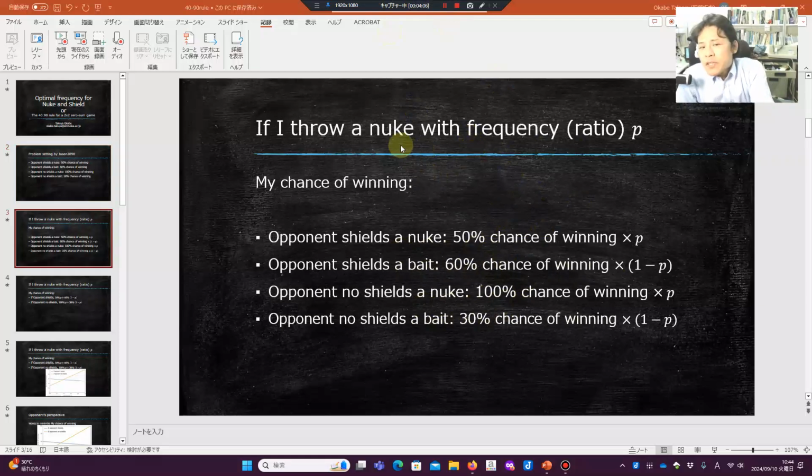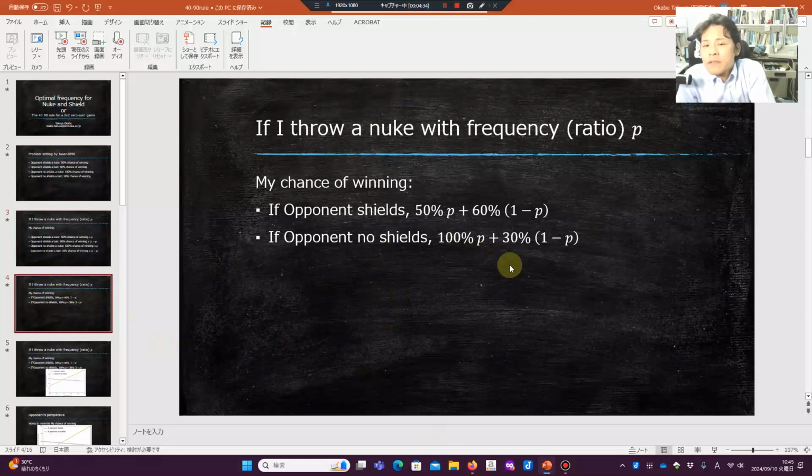Now let's assume the probability or frequency that I throw a nuke move is p. We want to obtain the optimal value for this frequency, and then my chance of winning becomes like this, times p and times 1 minus p, like this. This is put into this. If the opponent shields, my chance of winning is this.